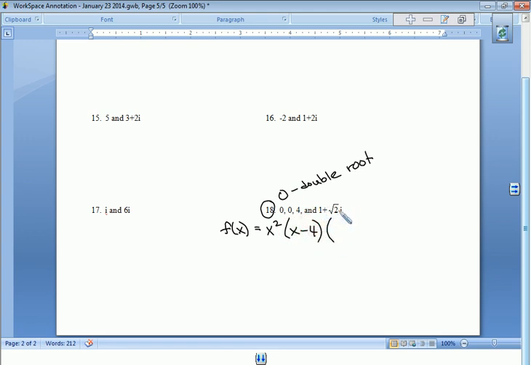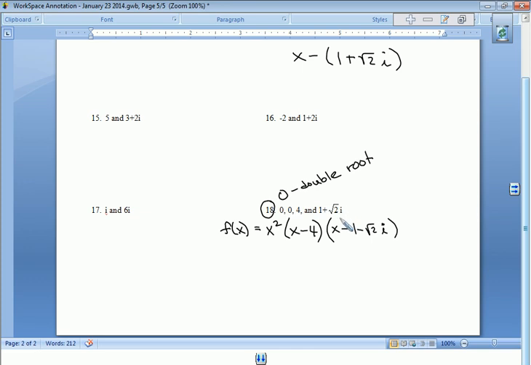Okay. If one of our roots is 1 plus root 2i, then what it's going to be is x minus this stuff, which makes it x minus 1 minus root 2i. If I ask you to do x minus the root, do you see where it turns into that?